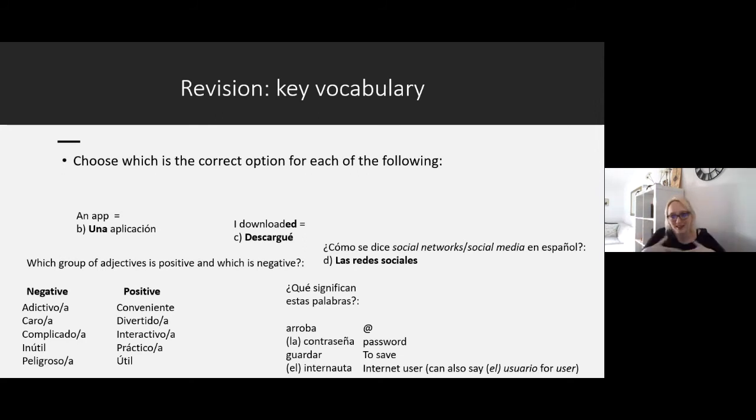But internet is internet. But internauta is an internet user. As I say, you can also say usuario, which means user in general, but internauta just specifies internet user. So again, it's on the syllabus, so it's just something that might come up in a reading or a listening, okay? But that's what it means.